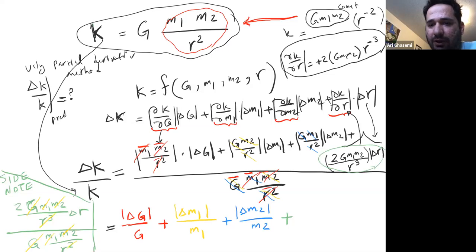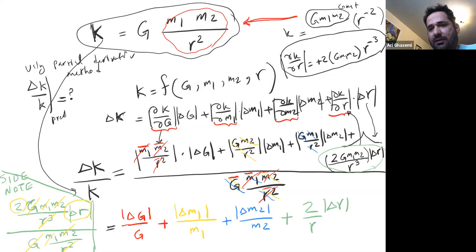R cubed cancels with R squared, but still you get one R in the bottom, and then also you get 2. So you get 2 on the top, R in the bottom, exactly the way Brooke did. But don't forget about that. You have a delta R here, exactly. Thanks, Brooke. This is the absolute delta R, so I put it here.